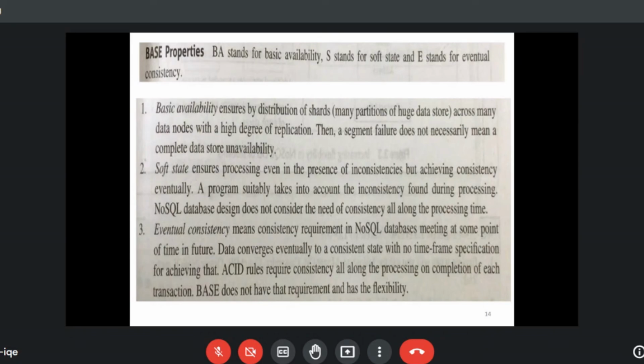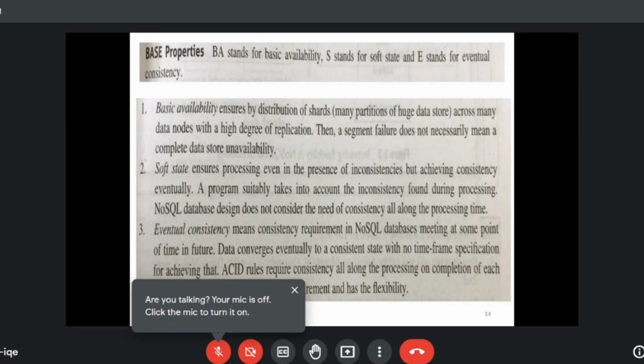Eventual consistency means the consistency requirement in NoSQL databases is met at some point of time in the future. Data converges eventually to a consistent state with no time frame specification for achieving that.